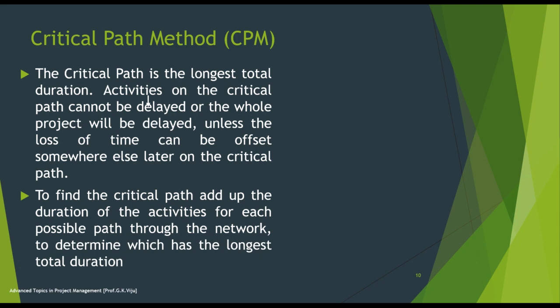So then comes the critical path. As we discussed already, the critical path is the longest path. In order to create the critical path, once you have the table of the activity, duration, and dependencies, first create the network diagram, then find the number of paths from start to finish, calculate the duration of each path, and then identify which path is the longest; that will be considered as the critical path.